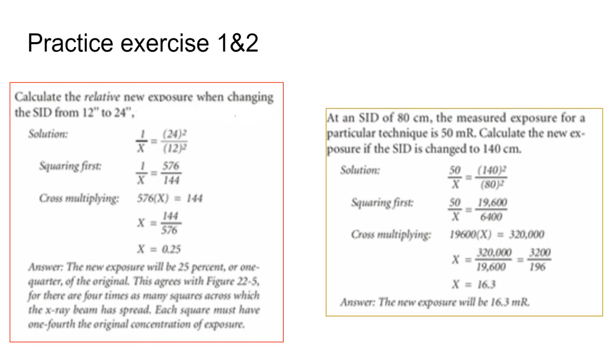First of all, you should think, does the radiation go up or down? That should be your first thought, without even doing the calculation yet. If I'm going from 80 to 140, my radiation is going to go down, because my SID is much further.